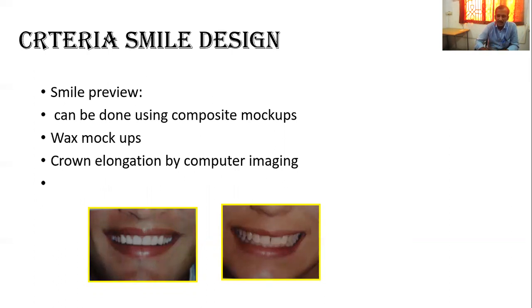The crown part of your tooth can be elongated or reduced to get a pleasing smile. As I said earlier, a convex smile line is a pleasing smile.